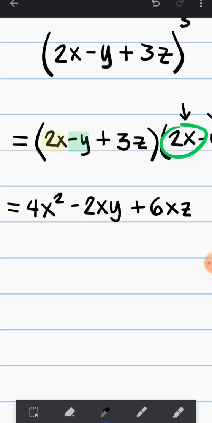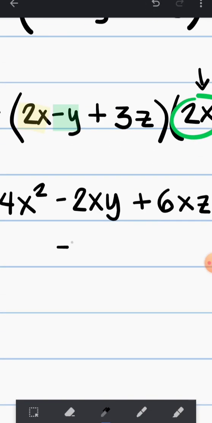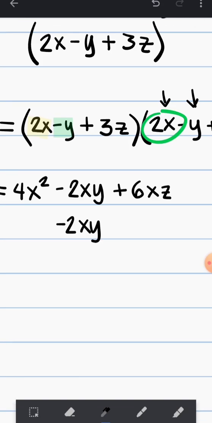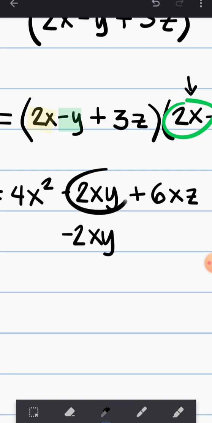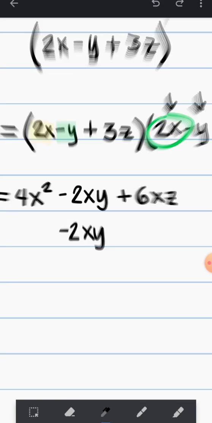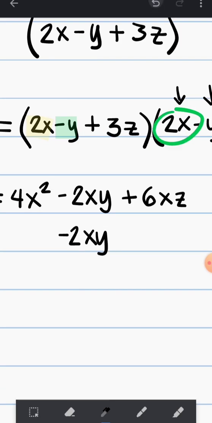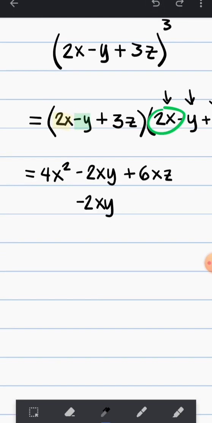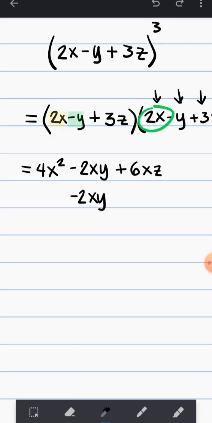Then line it up to the term that has the same variable. As you can see, this 2xy and this negative 2xy have the variable xy, so we will line up the product of these two with this one. For later simplification and combining like terms, it's much easier and more convenient for us to do.